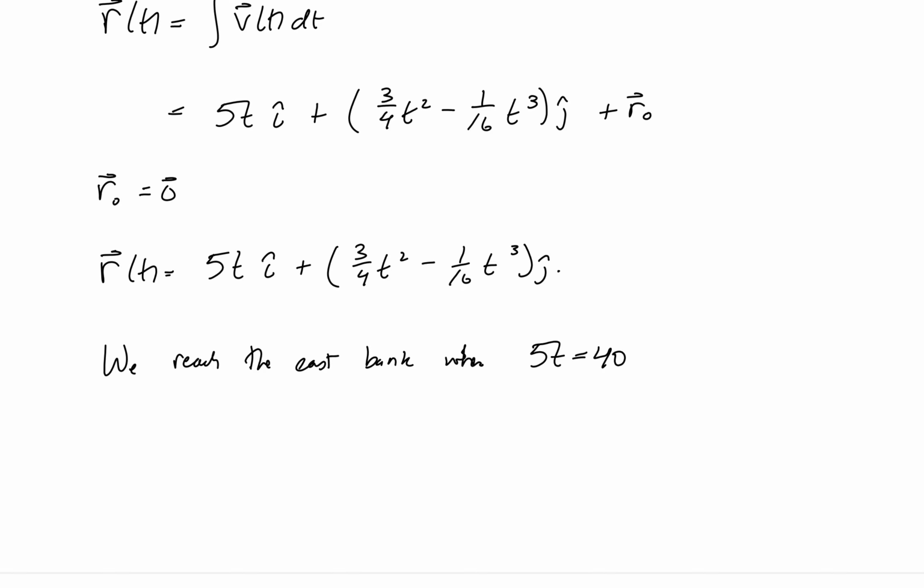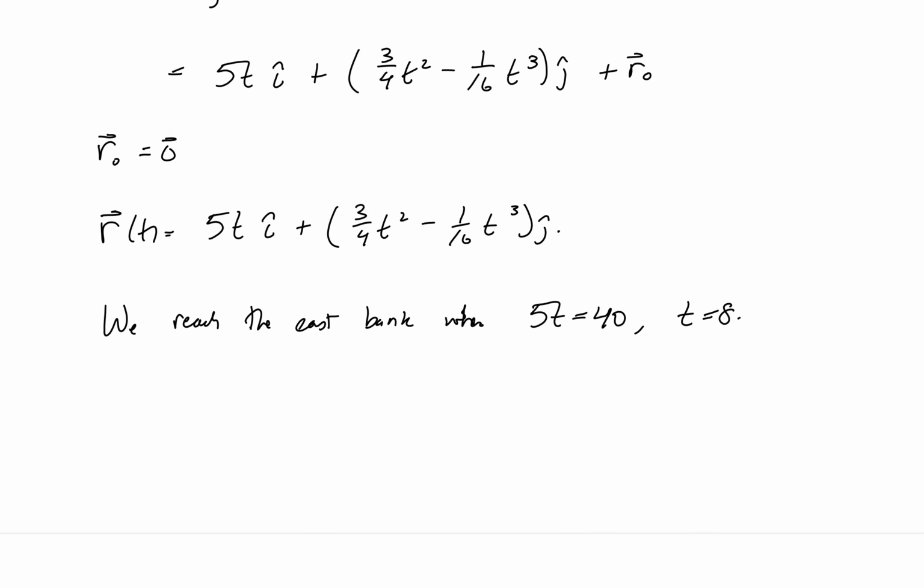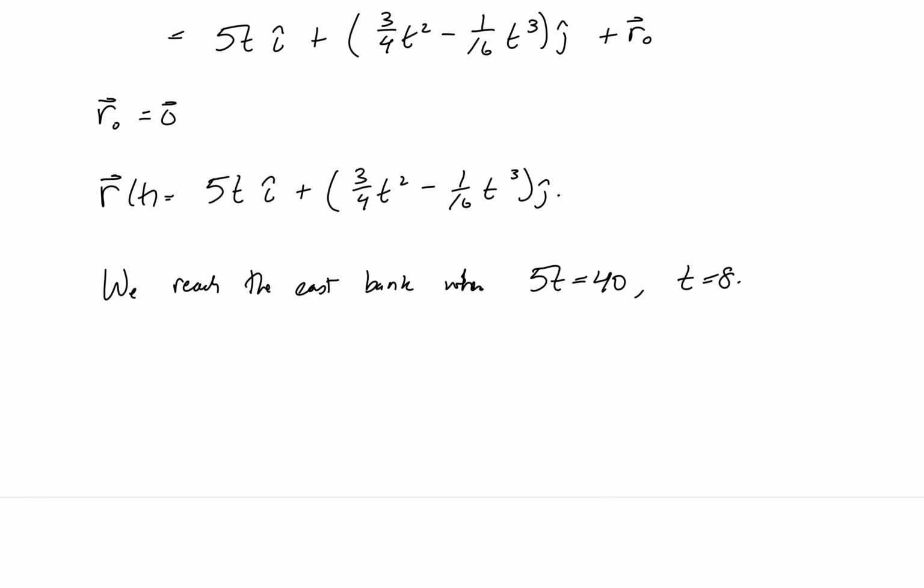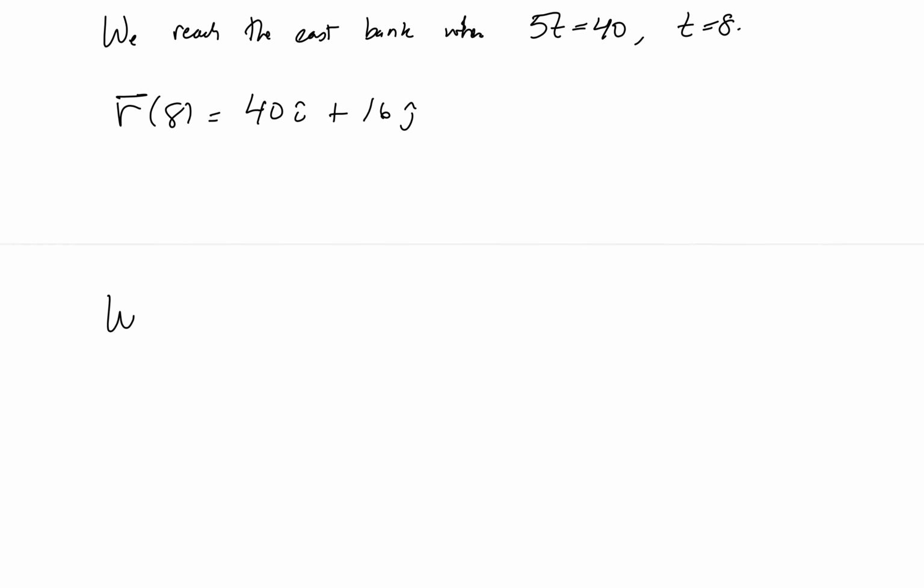So we've made it all 40 meters in the i direction. So this is when t is equal to 8. So we can plug that into the second one and we get r of 8 is, well, the 40i, because that's what we just figured out, and then we get 16j. So we're actually going to go 16 meters upriver.